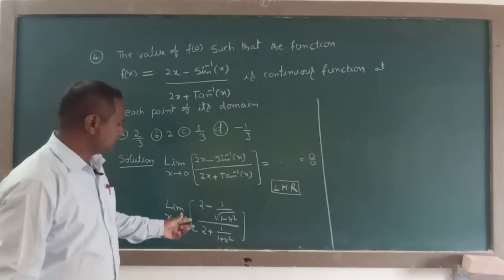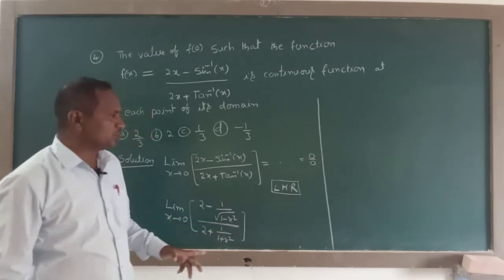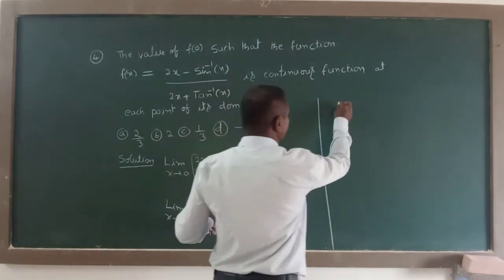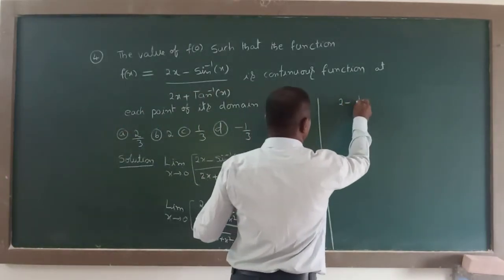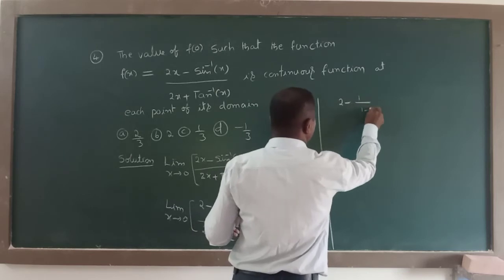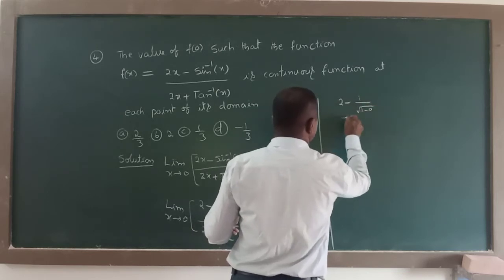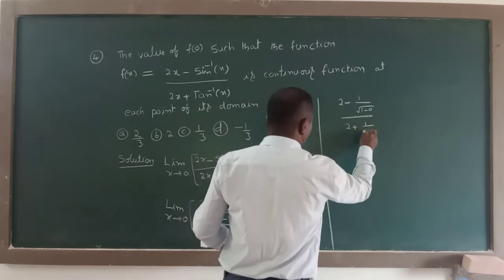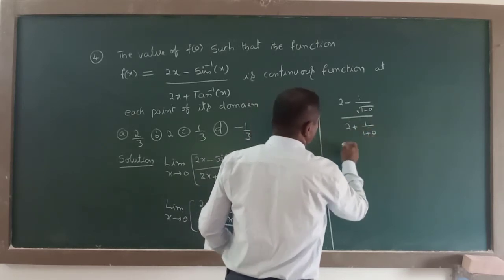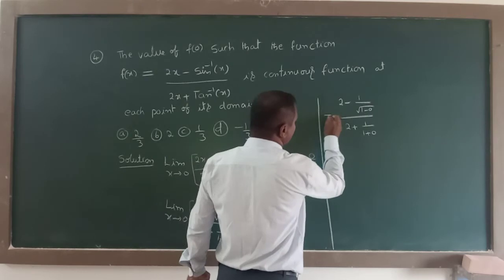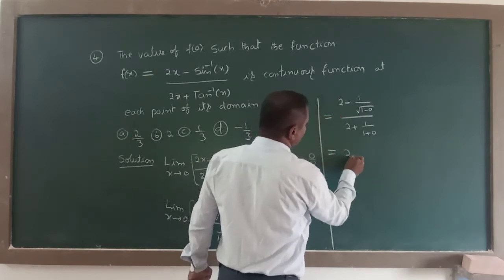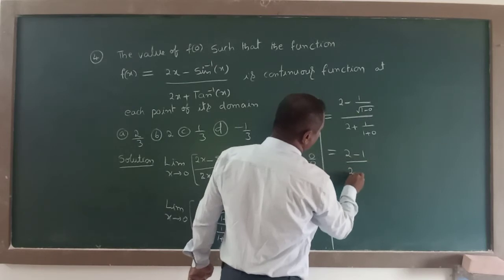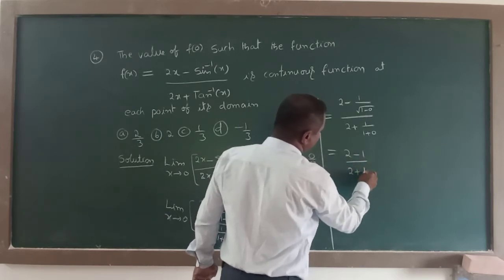Afterwards you apply x value 0 in these differentiated functions: 2 minus 1 by square root of 1 minus 0 square, whole divided by 2 plus 1 by 1 plus 0 square, is equal to 2 minus 1 by 1, which is 1, whole divided by 2 plus 1 by 1, which is 1.